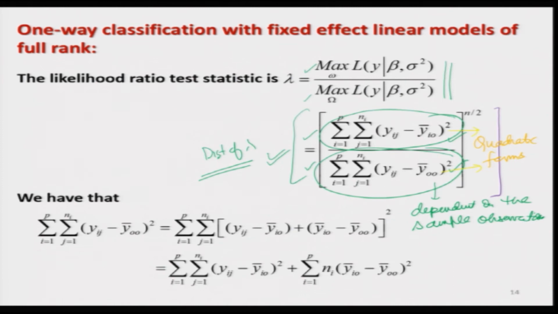Now, at this moment I would request you all to recall the results that we did in lecture number 2, where we had considered the random variable y, and then we considered different types of results related to the quadratic form.